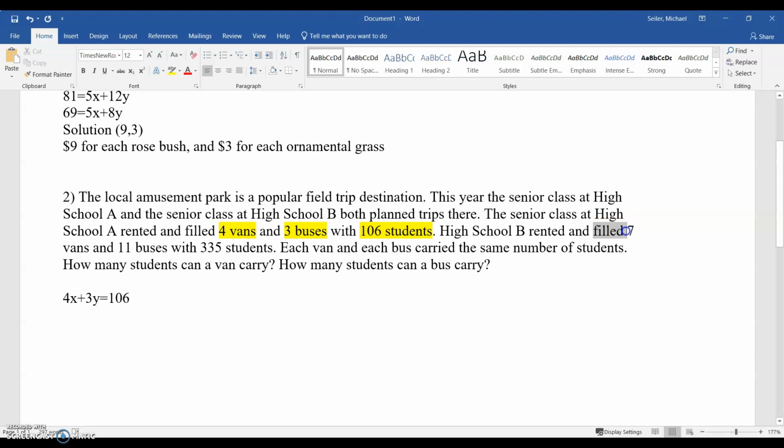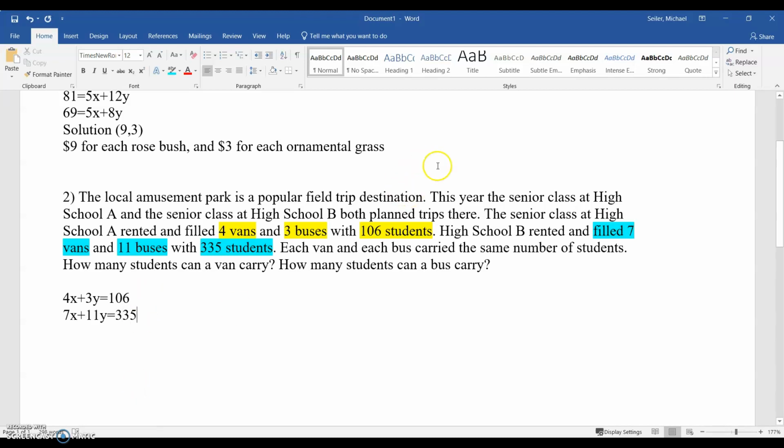For High School B, they filled 7 vans and 11 buses with 335 kids. So same idea, vans are x's, so 7x plus 11y equals 335.